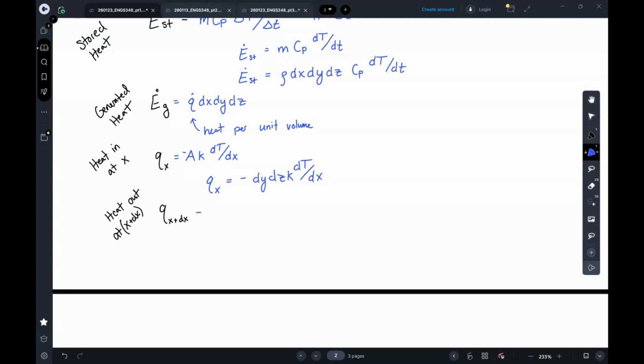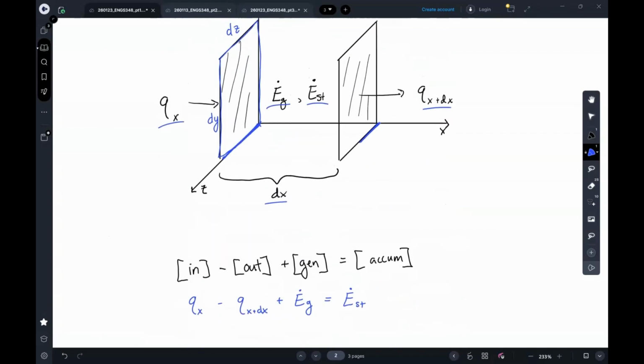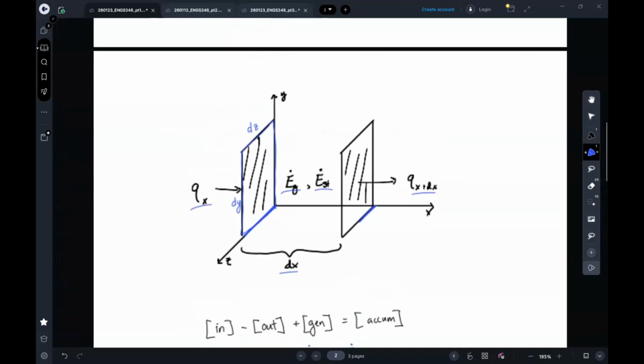So Q at x plus dx, another way we can think about that, is equal to Qx plus how much Qx changes over the distance dx. Okay, so it maybe bears a little bit more explaining.